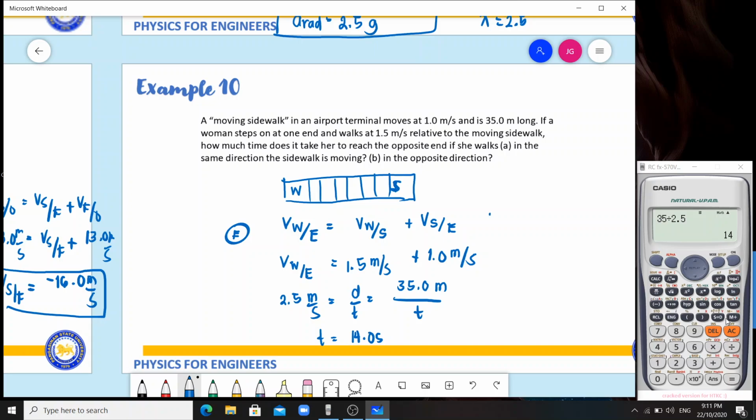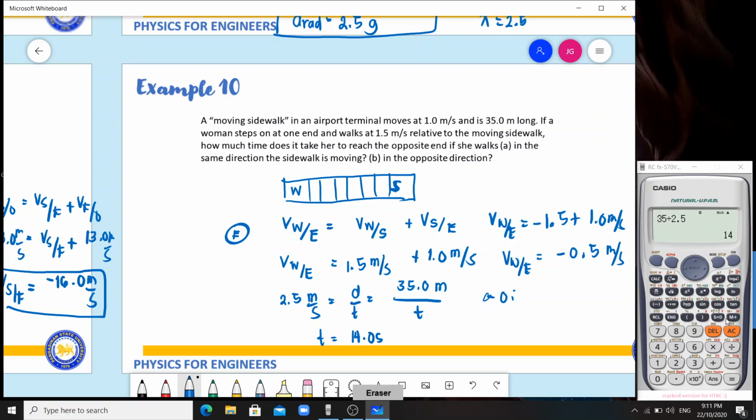So, ang gagawin lang natin is VWE equals negative 1.5 plus 1.0 meters per second. To the right, ito to the left. Okay? So, ang mangyayari dyan, ang magiging sagot is negative 0.5 meters per second. Never mind the sign.